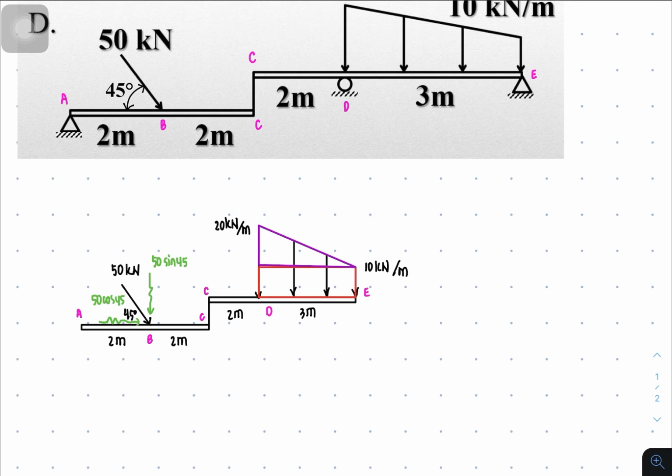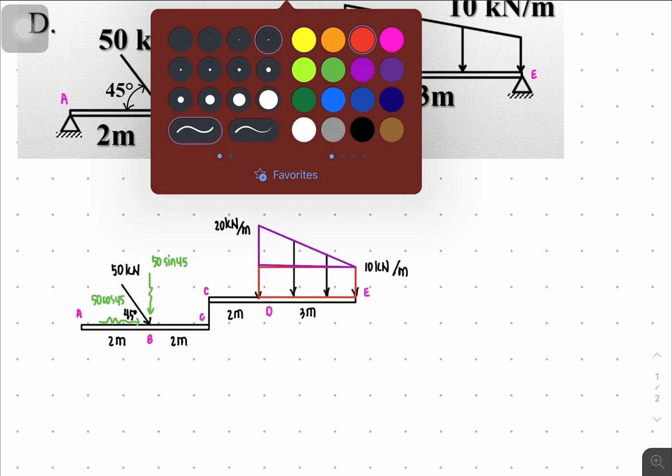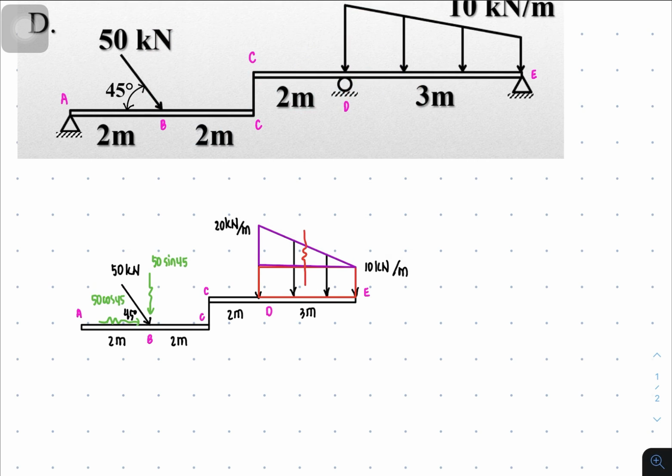Okay, so there will be two resultants. One is for the rectangle. It will give us 10 times 3, that's 30. Then the other one is a triangle. So the remaining length of the distribution is no longer 20 but rather 20 minus 10, so this is 10.